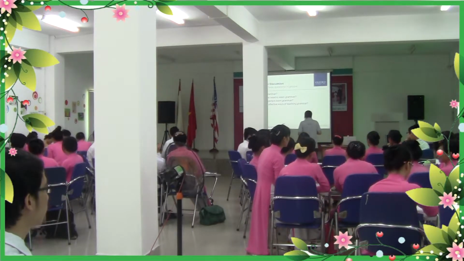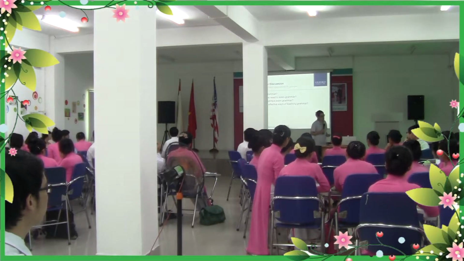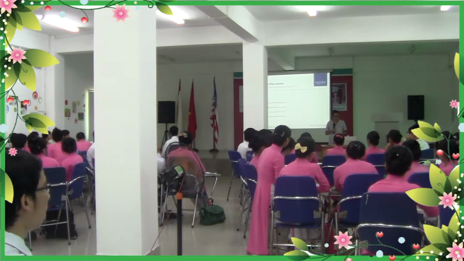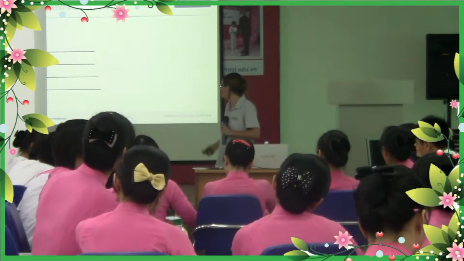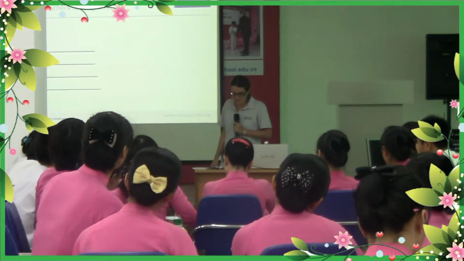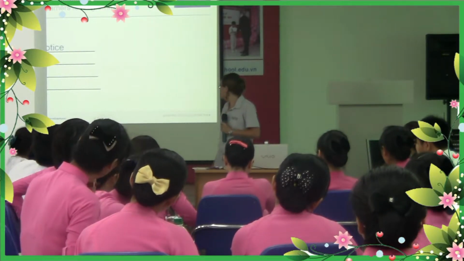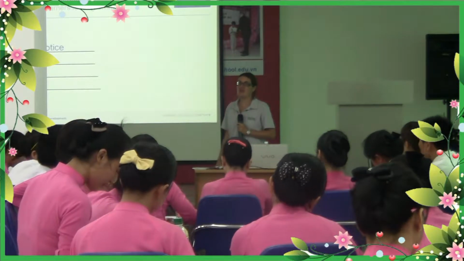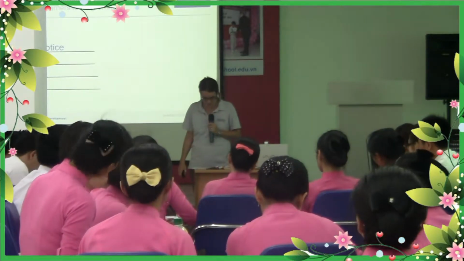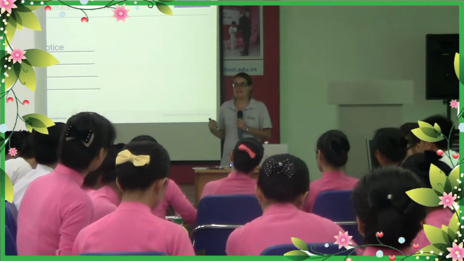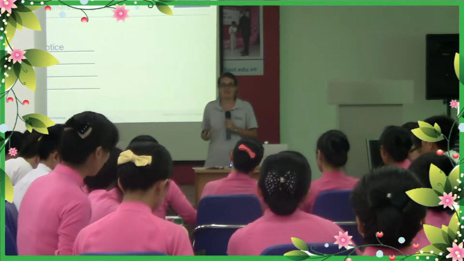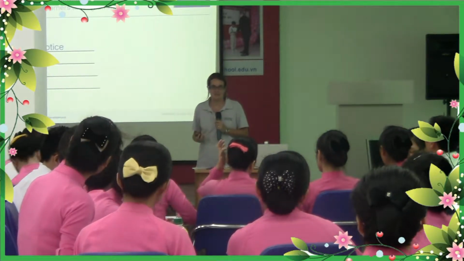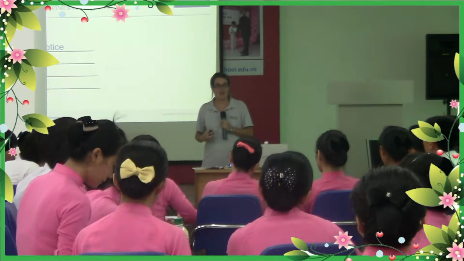Well, I think that learners need 4 things in order to learn grammar. Well, firstly, students need to notice the item when it is being used. They need to notice it in texts, in stories, in conversation.